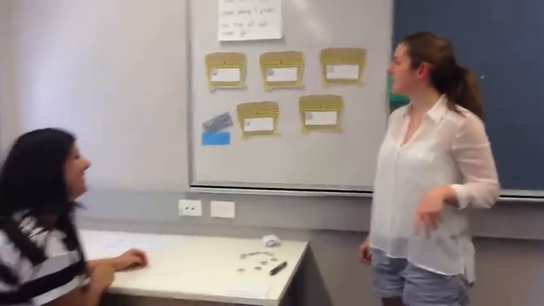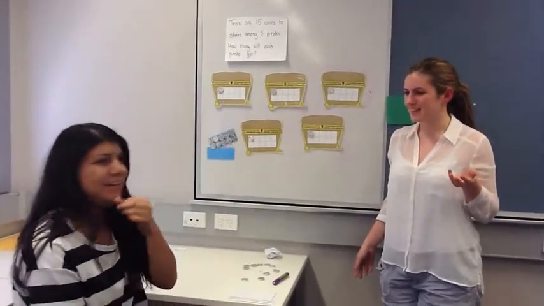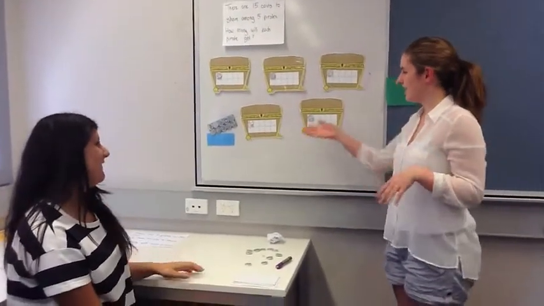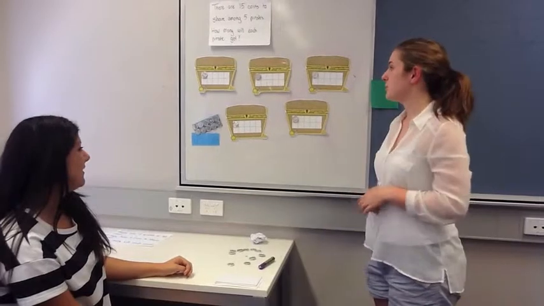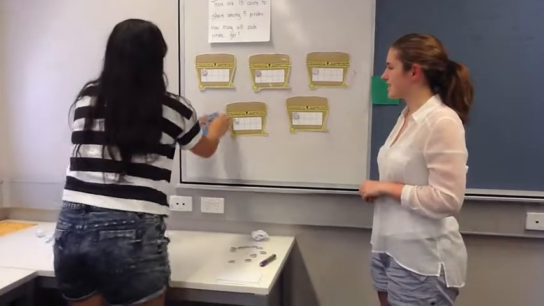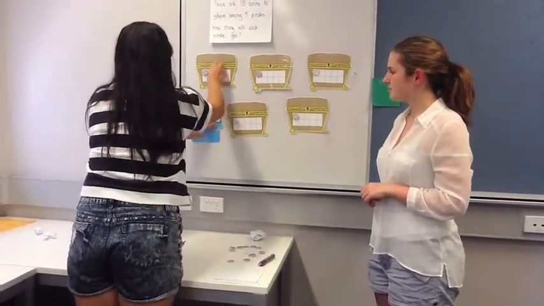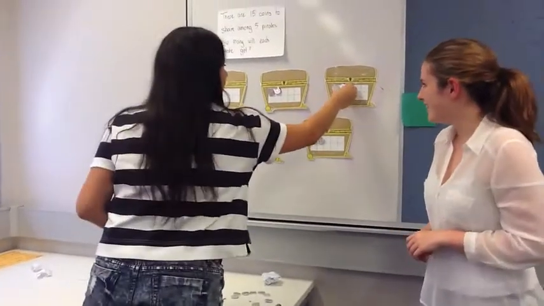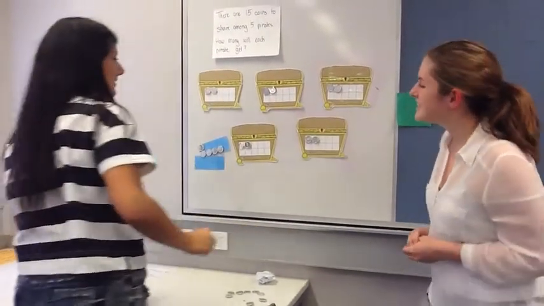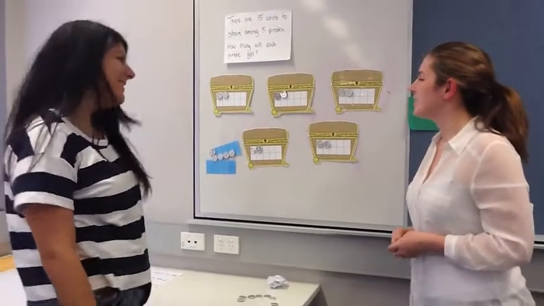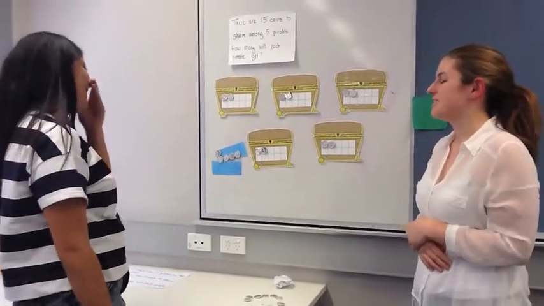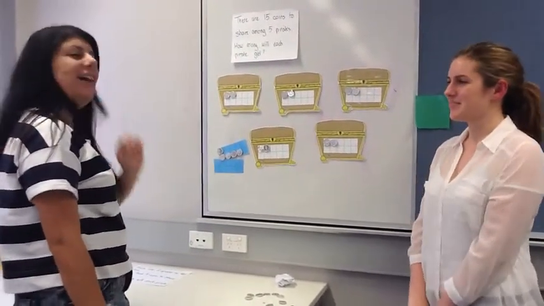So how many have we got in the treasure chest so far? 1 each. And how many is that altogether? 5. Alright, can you please put one more in each of the pirates. Alright, so how many have we got left to put in the pirates' treasure chests? 5.